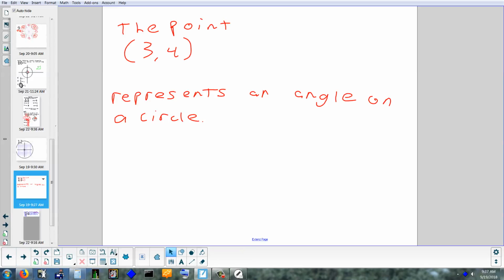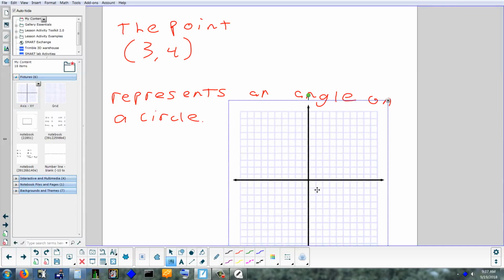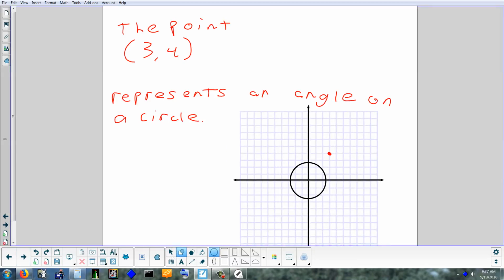If you want to see it, that's actually one that's small enough, I can graph it. 3, 4. Right there. So somebody put a circle and said, that point right there has coordinates 3, 4. It represents an angle. What angle? I don't know. It's not really a 45. That's not right in the middle. It doesn't matter what the angle is.